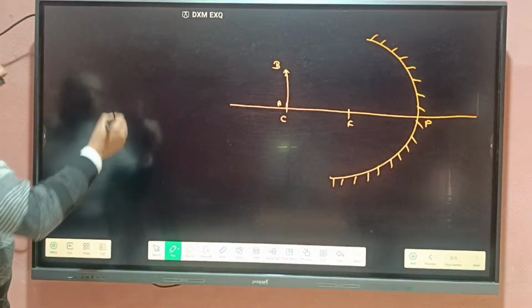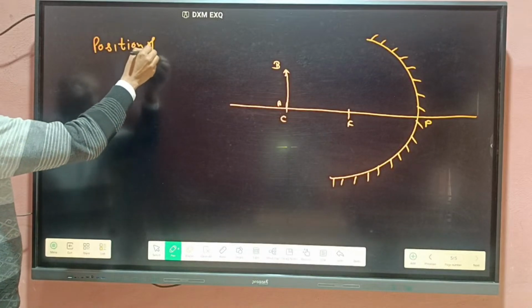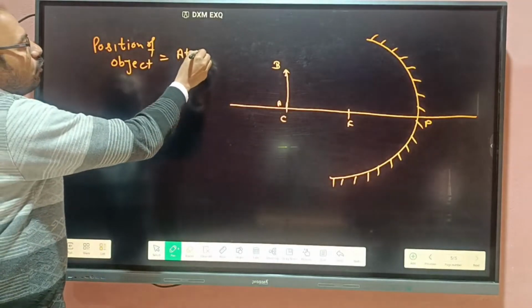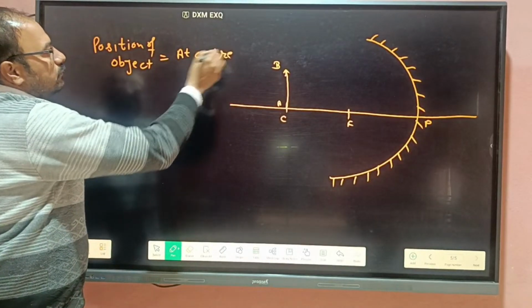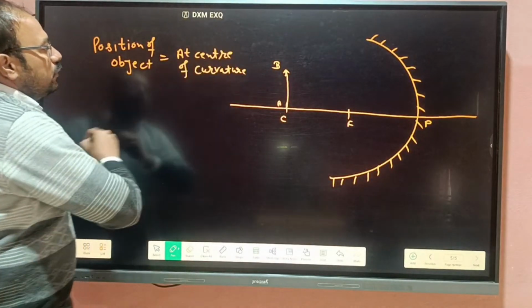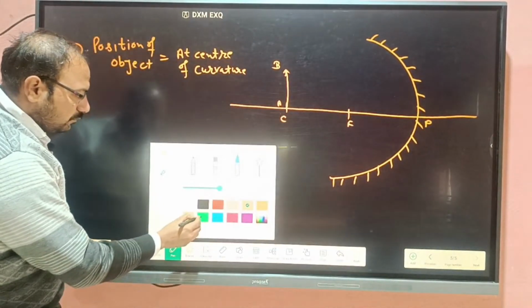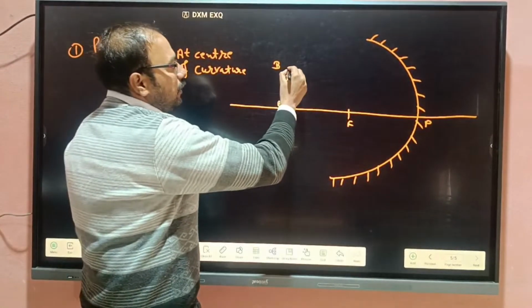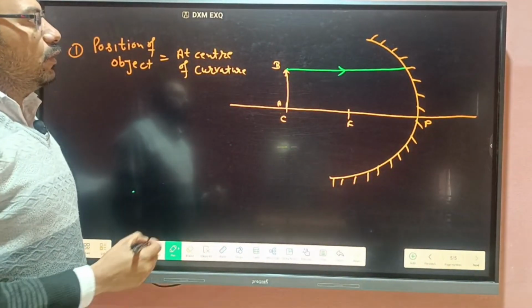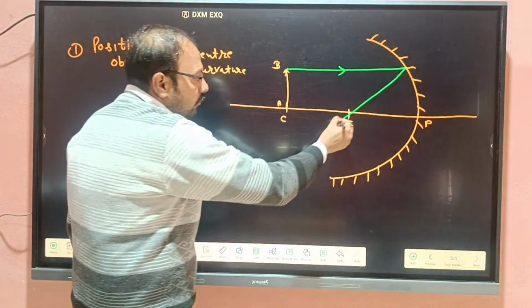So here we write the position of the object: it is at the center of curvature. This is the first parameter. When we put the object at the center of curvature, two rays are generated. One ray goes parallel to the principal axis, and after reflection it passes through the focus.